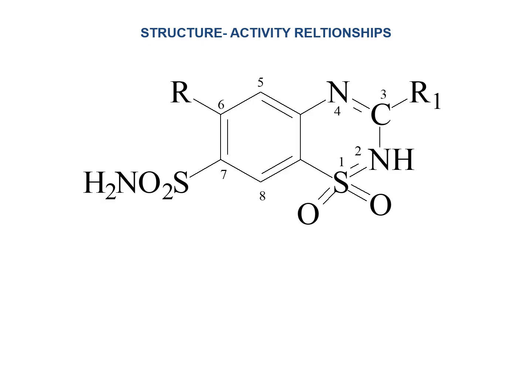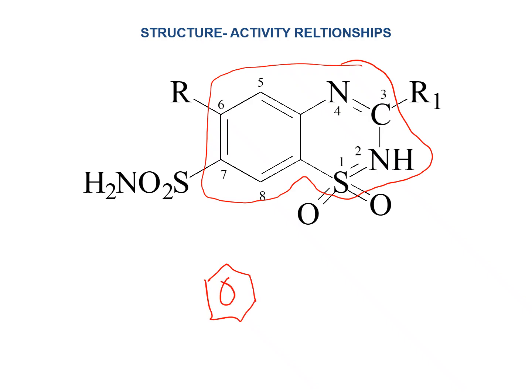Thiazide structure, as you can see, what is thiazide? Thiazides are made of benzothiadiazine 1,1 dioxide, and this is the structure of benzothiadiazine. Let me draw a ring around the ring over here. So this is the benzothiadiazine unit. So I can redraw the structure here just to make it very clear for everyone.